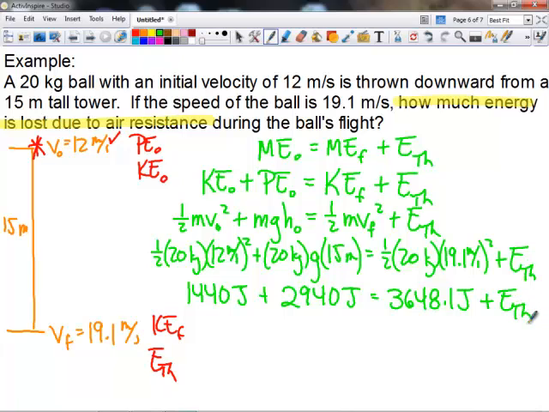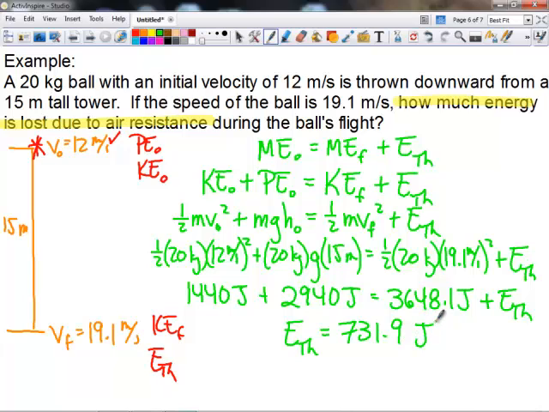On my initial side, I'm going to add up 1440 plus 2940, which is 4380. Then I'm going to subtract away 3648.1, and I'm going to get that my thermal energy that is lost as the ball falls is 731.9 joules. So we solved the problem.